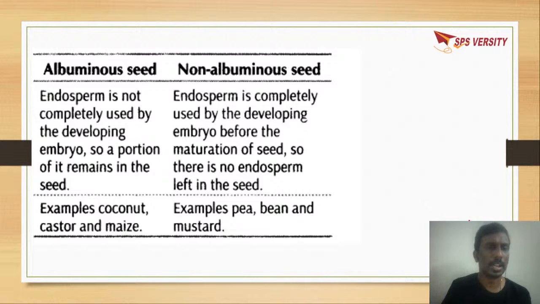Albuminous means endospermic seed, where endosperm is not completely used, so we can see both embryo and endosperm. But here it is not like that. Endosperm is completely used, where we can see only the embryo, no endosperm. Examples: pea, bean, mustard. Here, examples are coconut, castor and maize.